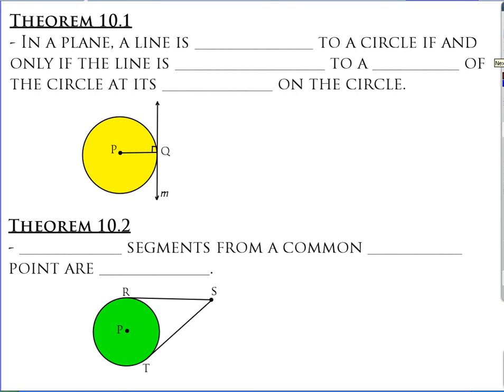So the first theorem, 10.1: in a plane, so this just means we're on a flat two-dimensional surface, a line is tangent to a circle if and only if, and this is an important statement, if and only if the line is perpendicular to a radius of the circle at its endpoint that's on the circle.